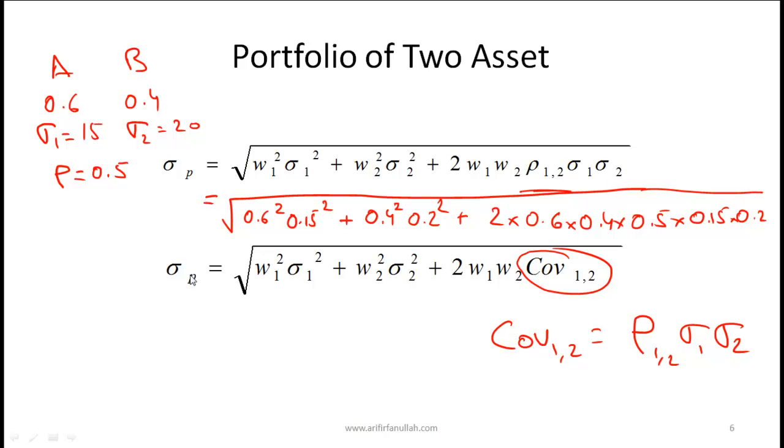So now look at the important role played by correlation. If the correlation between the two investments A and B is equal to 0, then this whole expression cancels out, because you would have a 0 over here, and that would reduce the riskiness, or the standard deviation, of the portfolio.